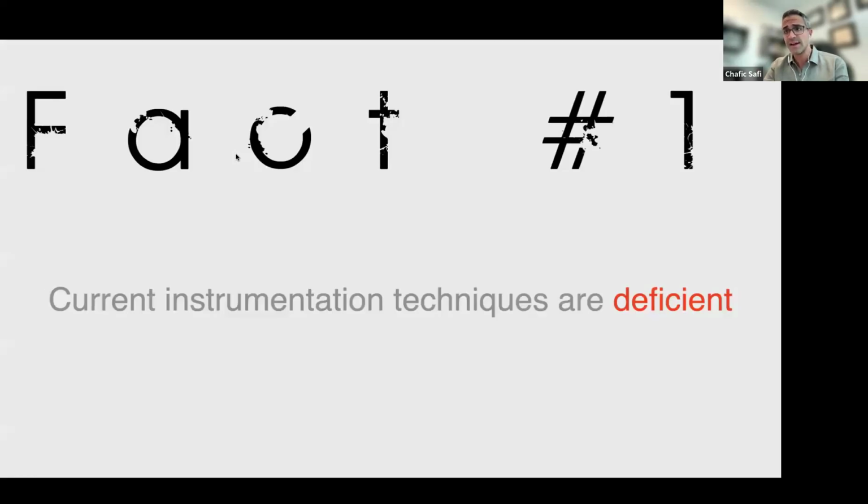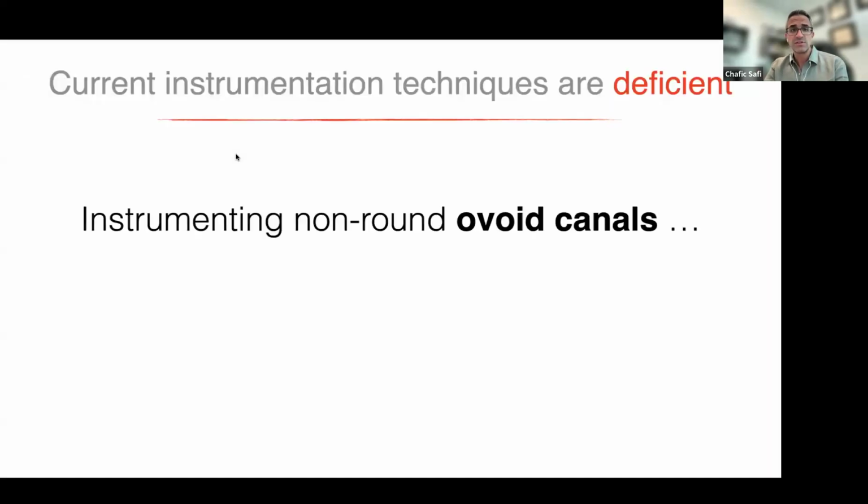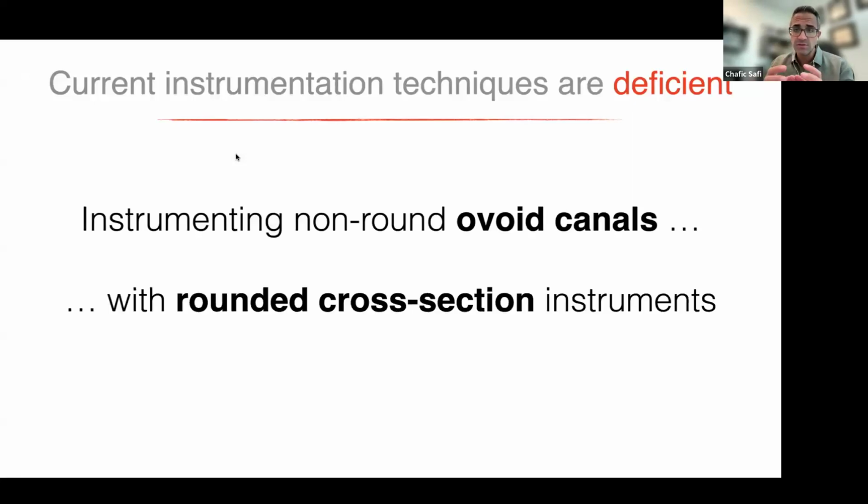And so our first fact deriving from this study, or from the challenges that we're encountering, is that current instrumentation techniques are deficient. In other words, we are trying to instrument or to clean a non-round canal using instruments that have a round cross-section.